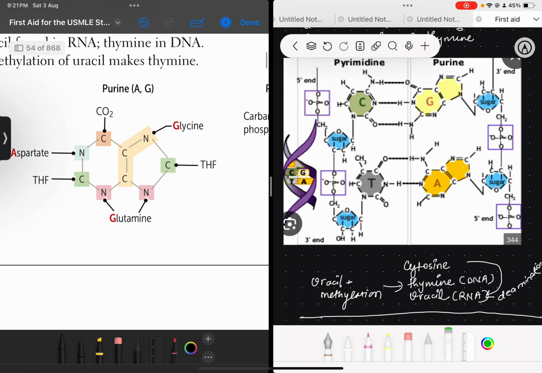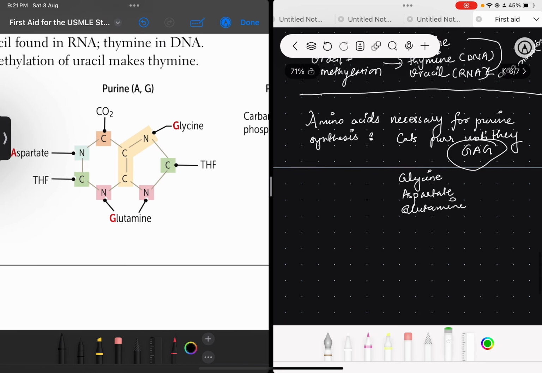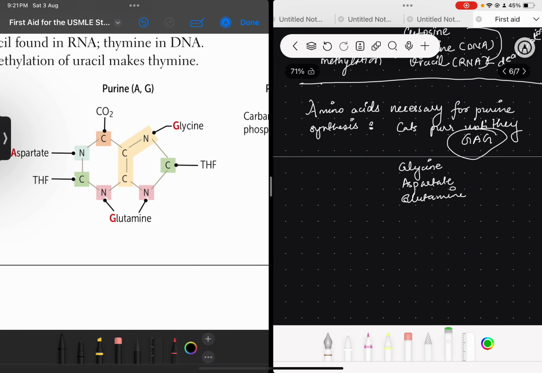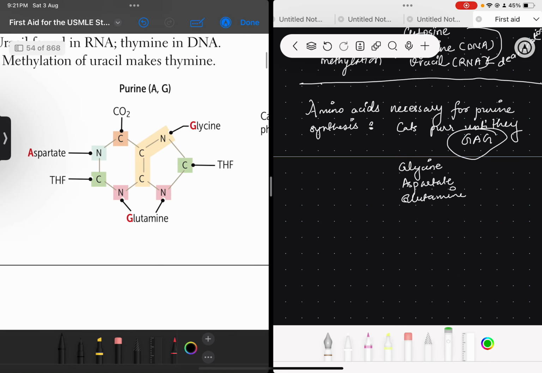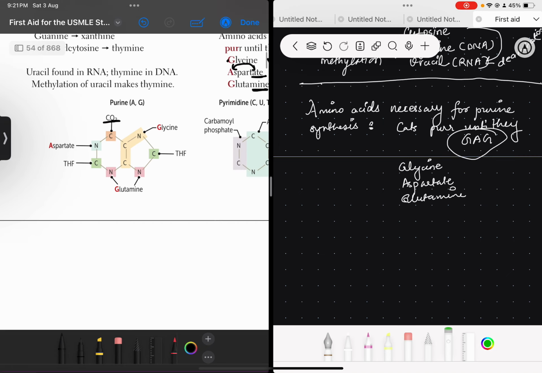The glycine will give rise to this N-C-C bond, and the glutamine will give these 2 nitrogens and aspartate will give N. So from where will all other atoms come? The tetrahydrofolate will give rise to these 2 carbon atoms, and 1 carbon atom will come from the CO2.